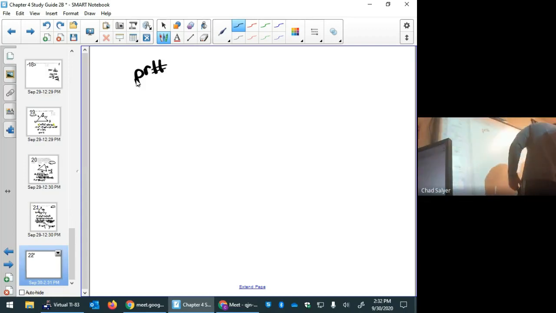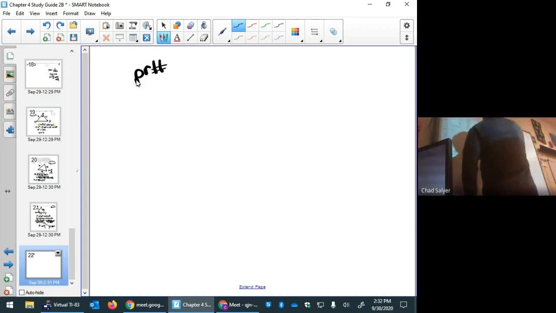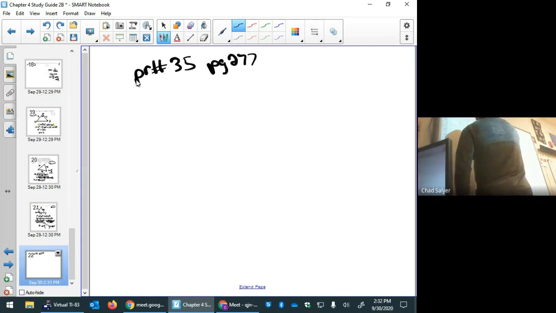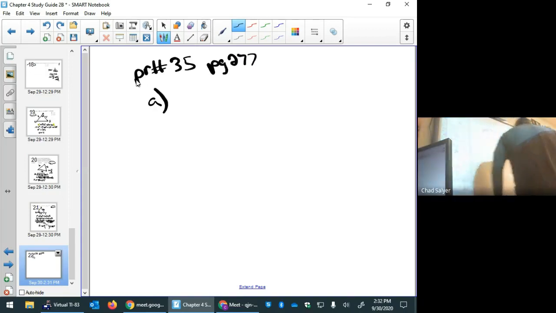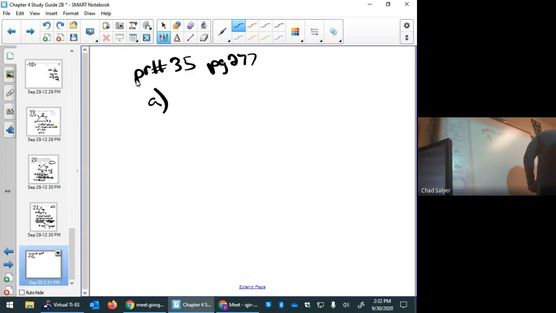Number 35 on page 277. So if we look at this triangle, we see that we're talking about the opposite and the hypotenuse. So we're going to use the sine.